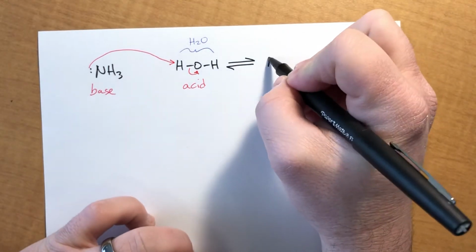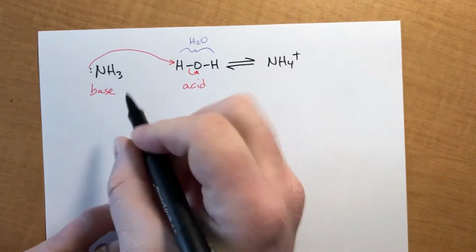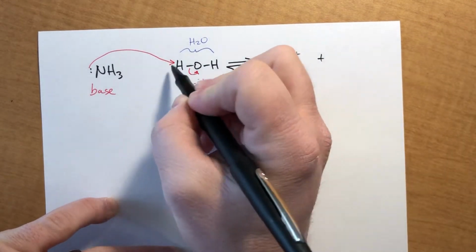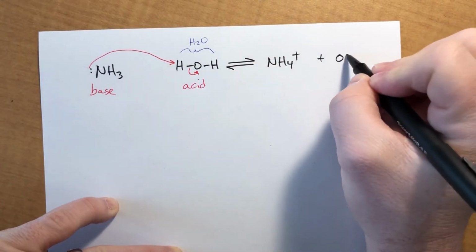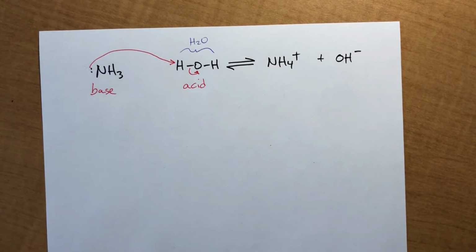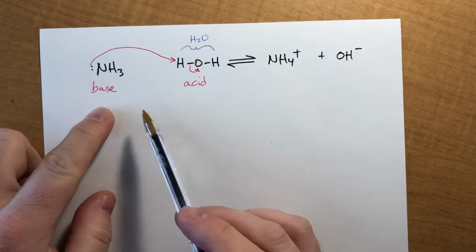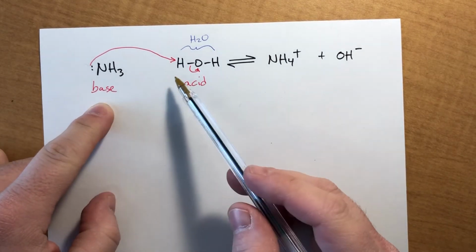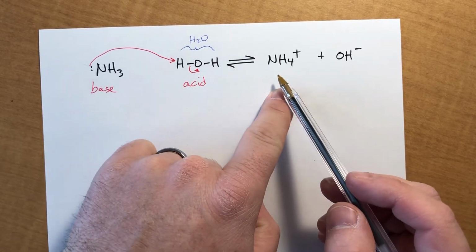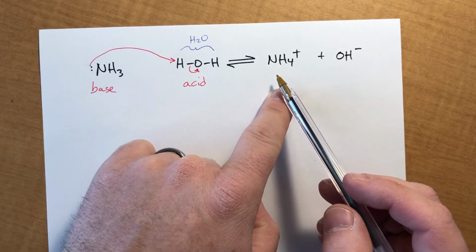And you end up with NH4 plus, because this stole an H plus because it is a base, and this thing lost an H plus, so now it's going to have a negative charge. You end up with OH minus. We need to throw in some new definitions here. If you took this base and ripped off a proton, which is what we did here, the thing that formed is now actually slightly acidic.